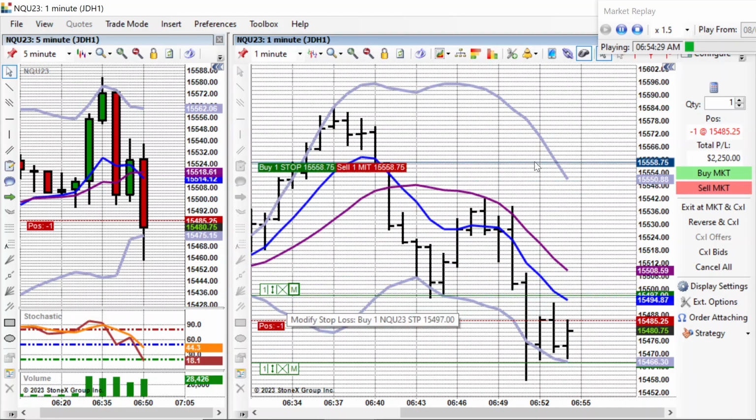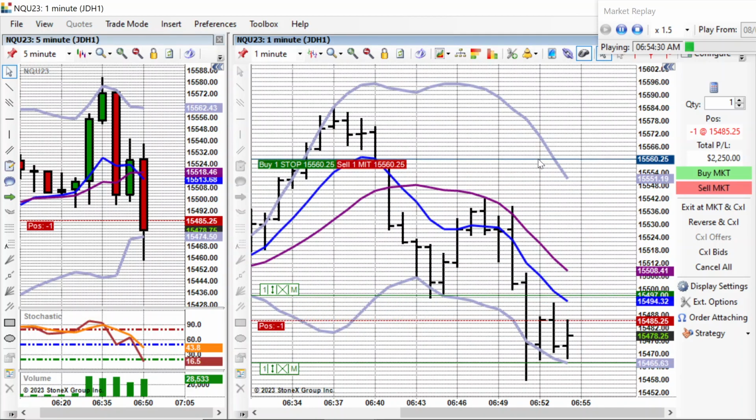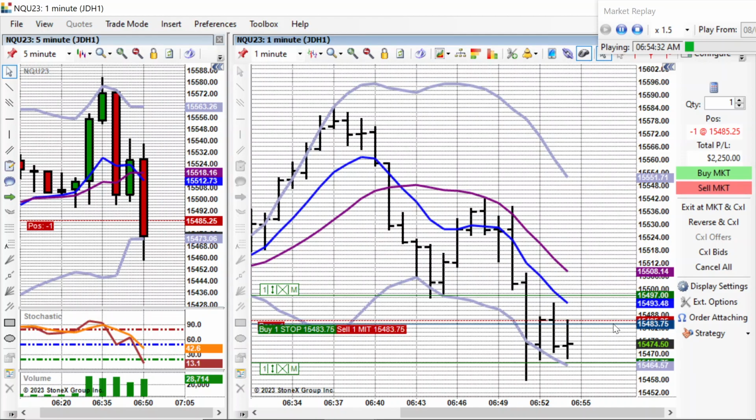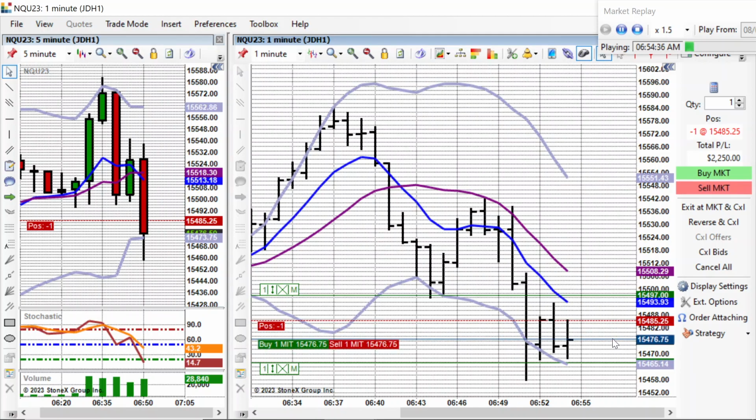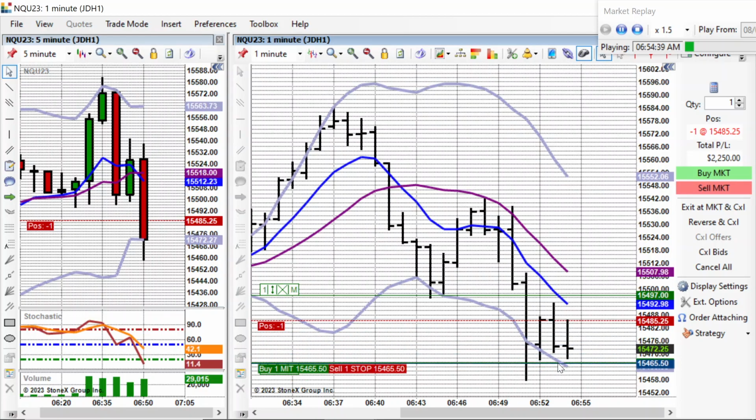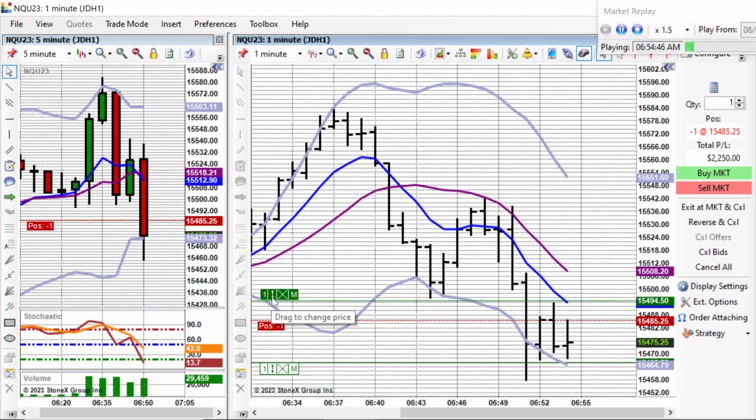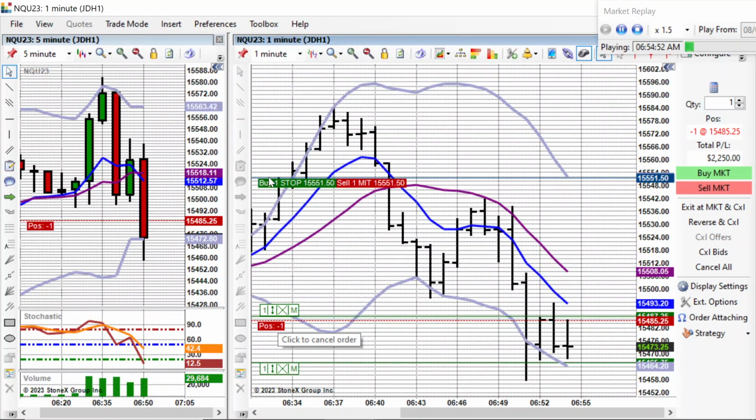I'll just get that a little bit higher. Yeah, I'm trying to not get stopped out before it hits a target there. It's so close to the target. At the same time, you don't want to continue in risk. Okay, so it's playing with me a little bit right there.